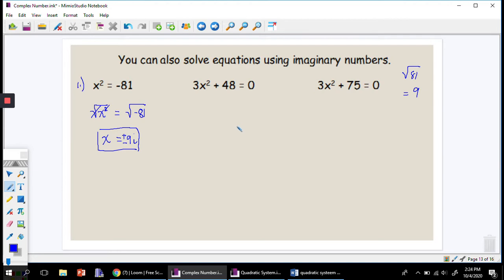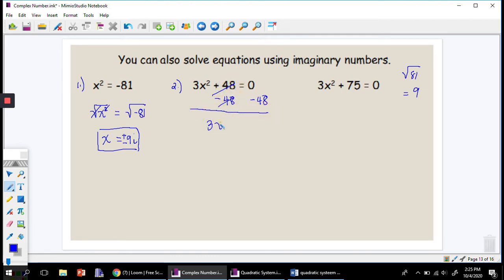Okay, let's have the next one. 3x squared plus 48 equals 0. Okay, so that is our second example. So the first thing that we need to do is to isolate x here. To do that, I have to eliminate plus 48 here by subtracting both sides by 48. So that will be 0.